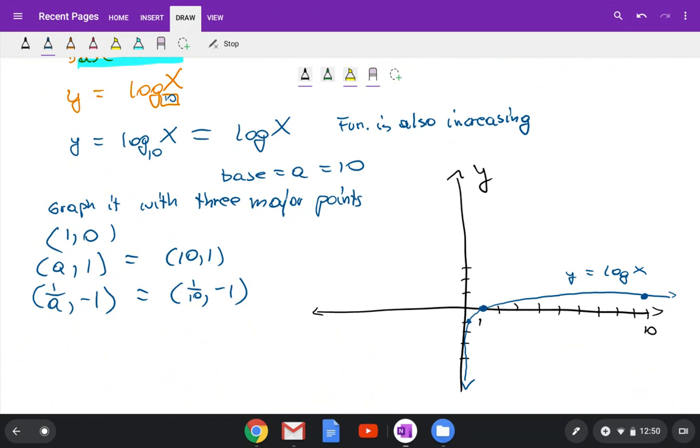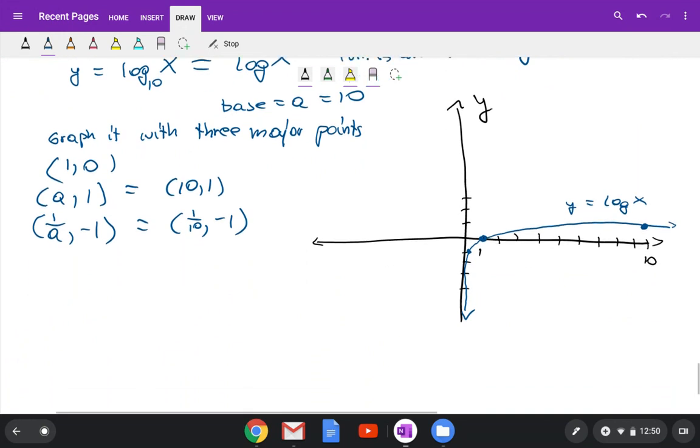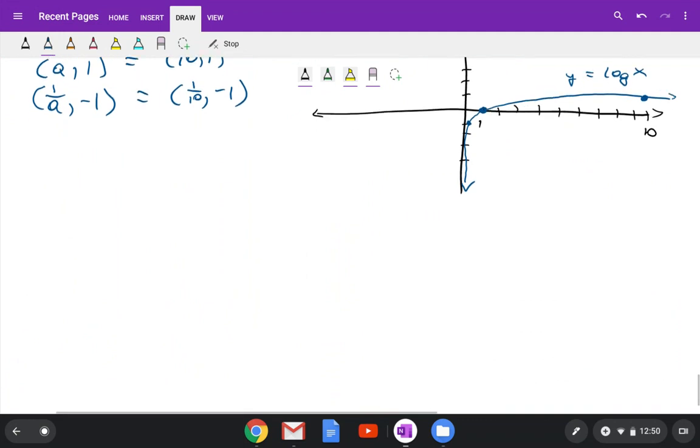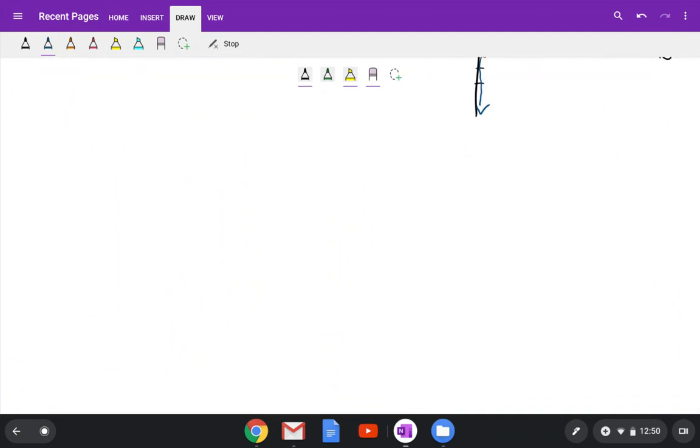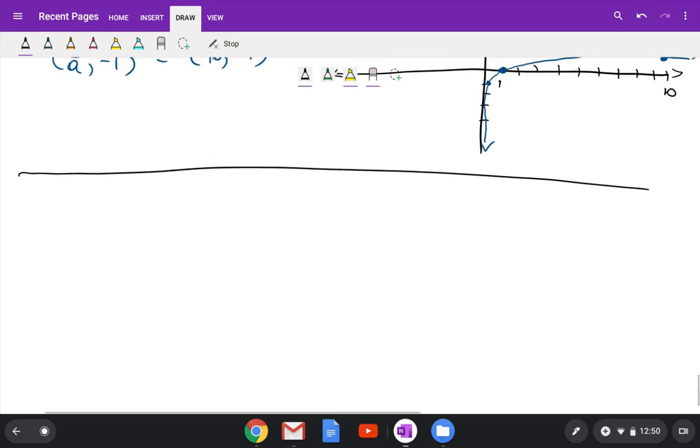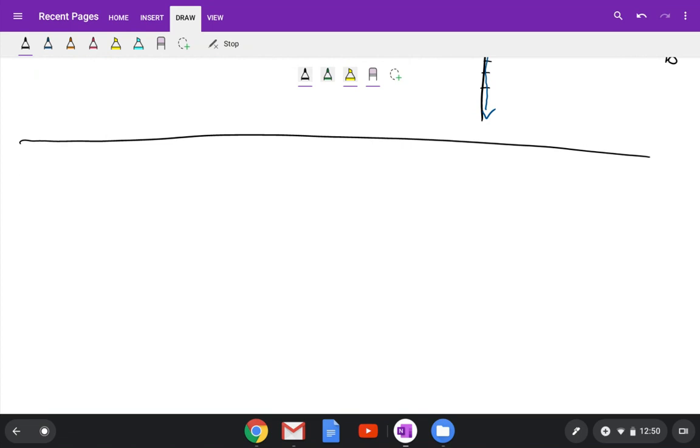So I'm only going to graph once, and I think that's enough. It's a very long section, this section 5.4.